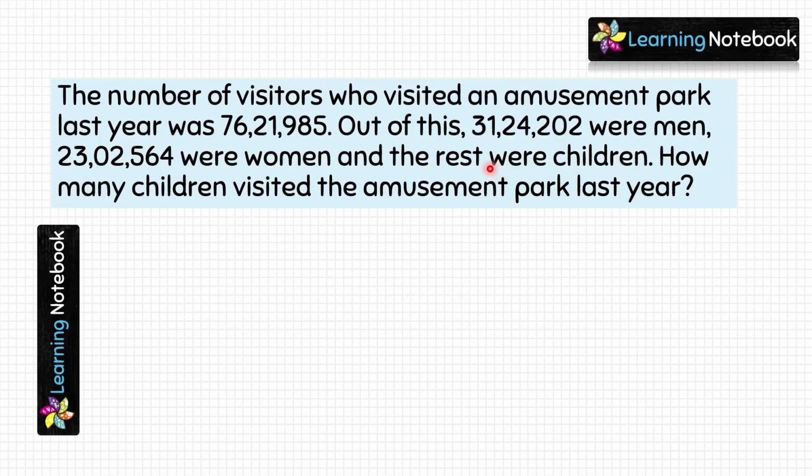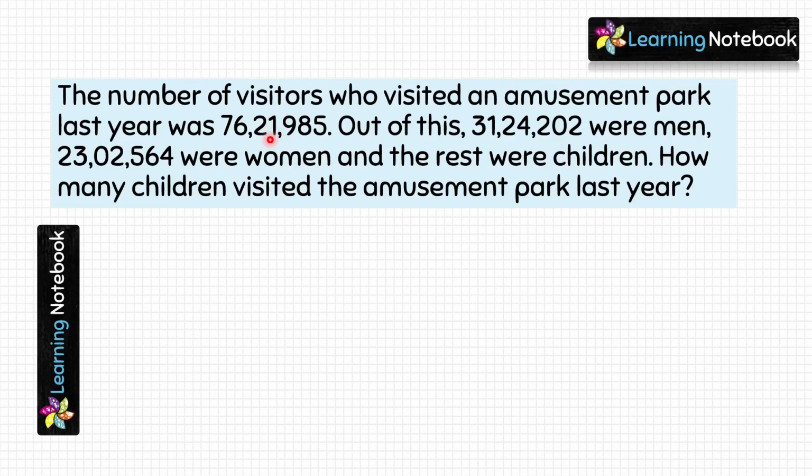Okay, so to find the same, first of all, we will add these two large numbers. And then we will subtract it from total number of visitors. So in this word problem, we have to do addition as well as subtraction.